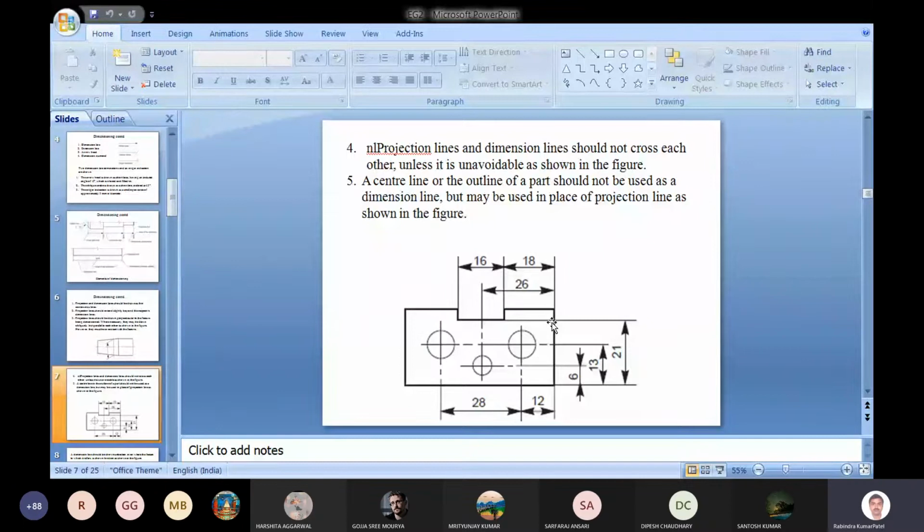You have to show the dimension in a view where it is having the clear view, and you should not provide the same thing in different views. So this is called repeated dimensioning, and it should be avoided.